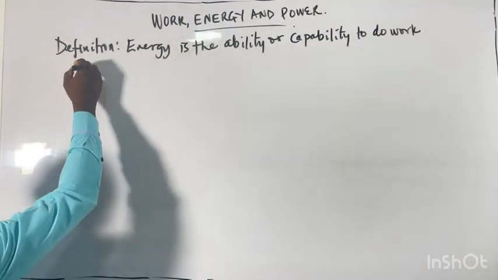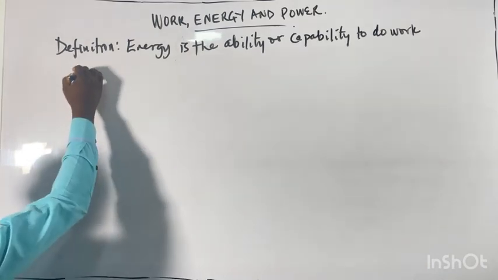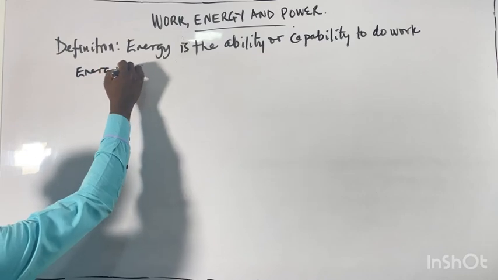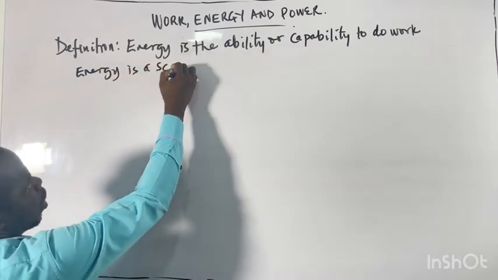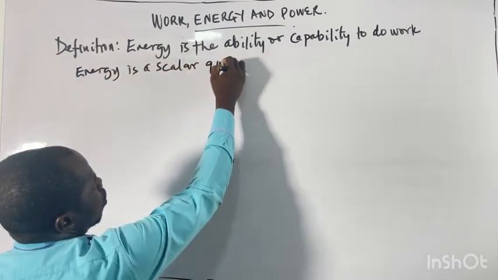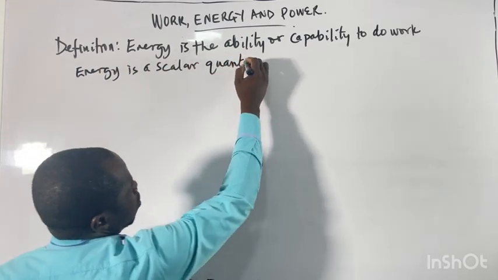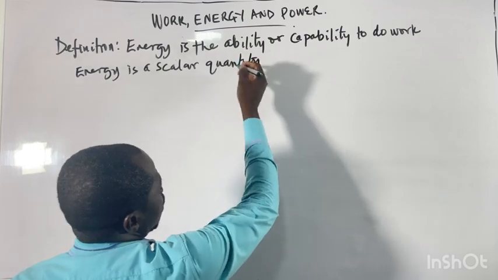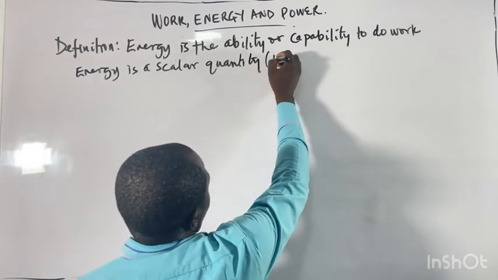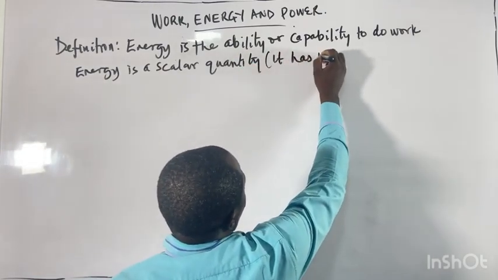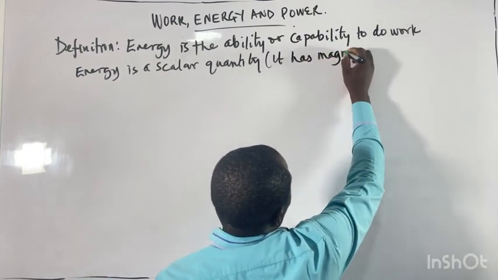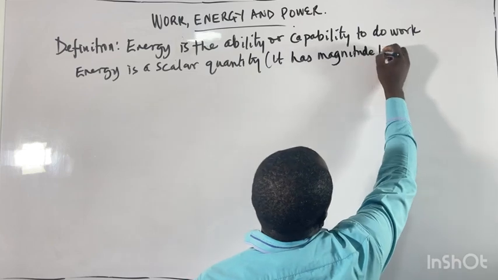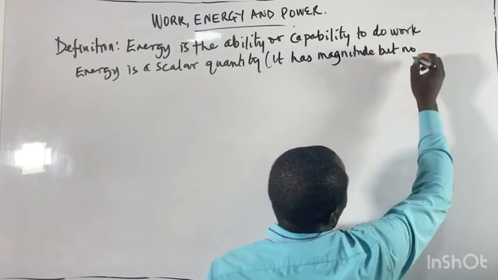Also, energy is a scalar quantity. We have talked about what scalar quantity is. That means it has magnitude but no direction.